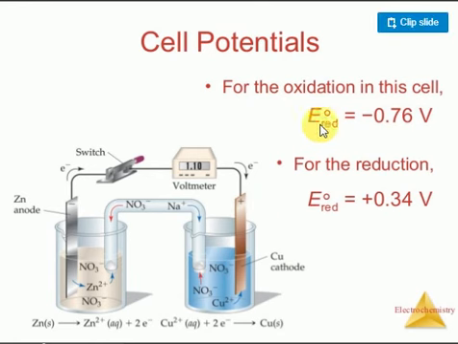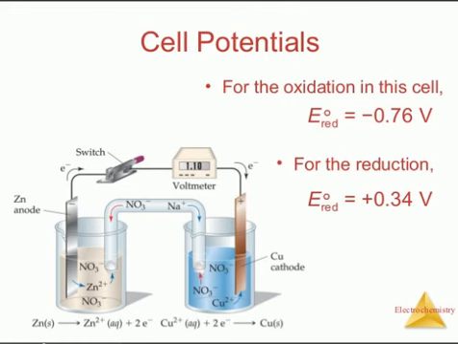Look here, just consider E reduction. They mention the E reduction half cell is minus 0.76. Now here they consider E oxidation generally for the oxidation process. It generally mentions the E standard reduction versus minus 0.76. E reduction of the copper, this is the copper value, this is the zinc value. Clear?